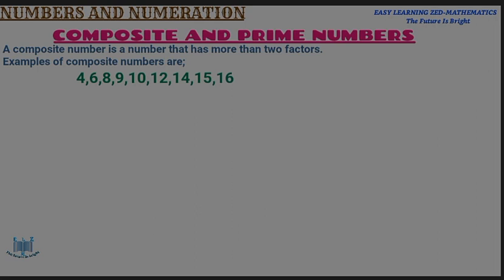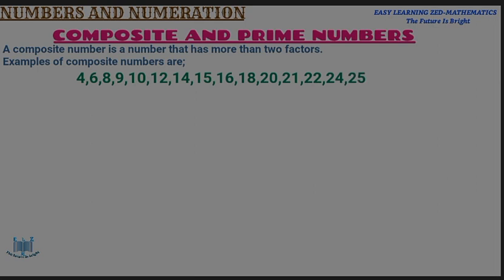It has more than 2 factors. 18 is a composite number, has more than 2 factors. 20 is also a composite number. It has more than 2 factors. 21 is also a composite number. It has more than 2 factors. 22 as well is a composite number. It has more than 2 factors. 24 is a composite number. It has more than 2 factors.